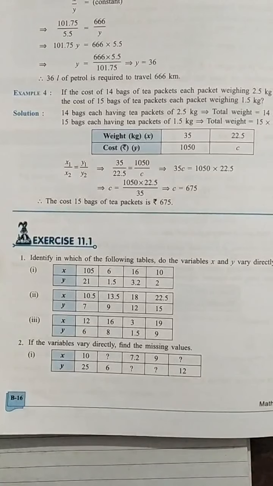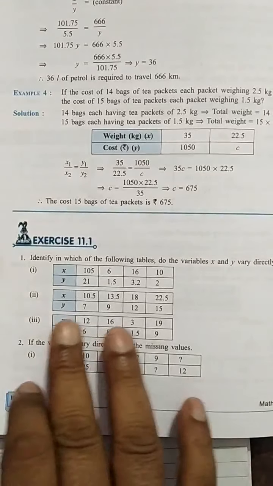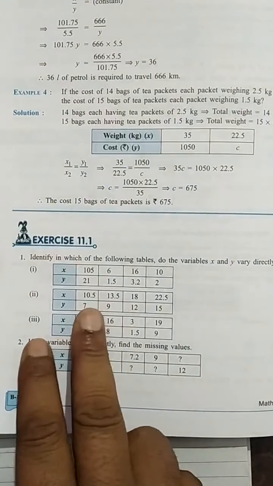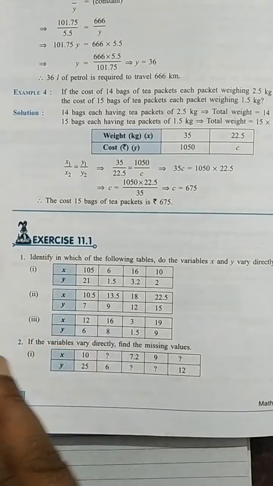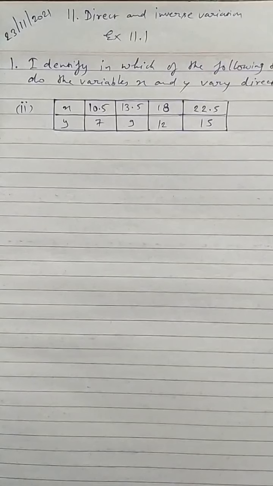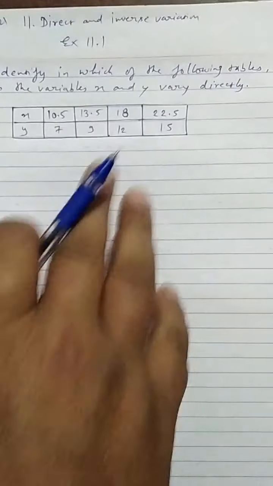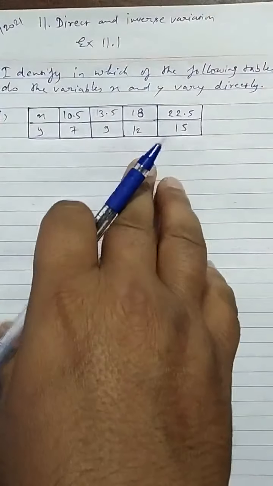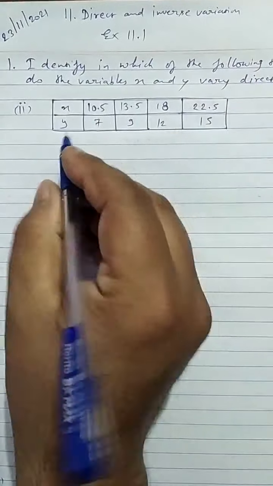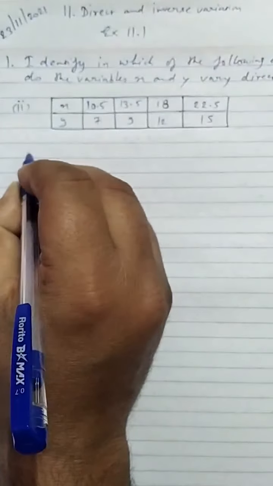So let us see how to check whether this table varies directly or not. According to the rule, we have to check it for direct variation. So we put it as it is.